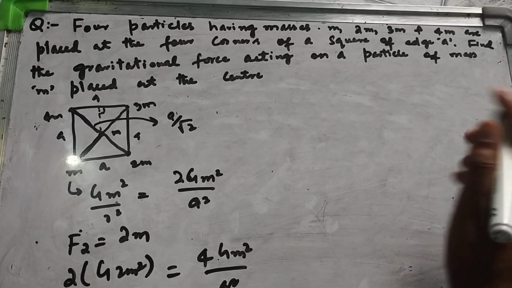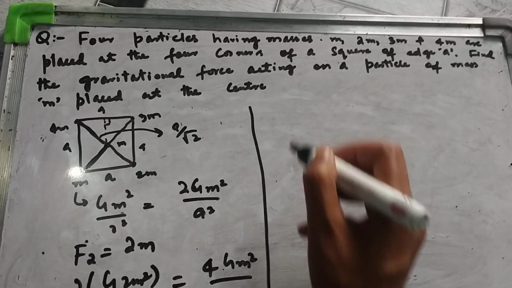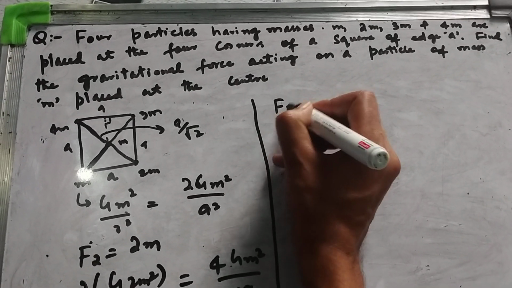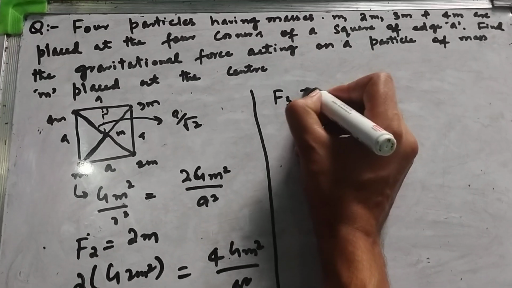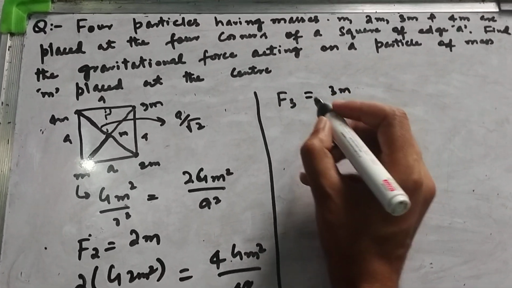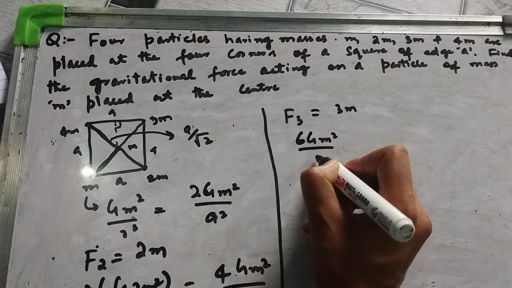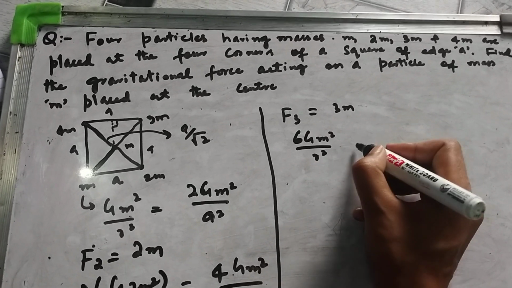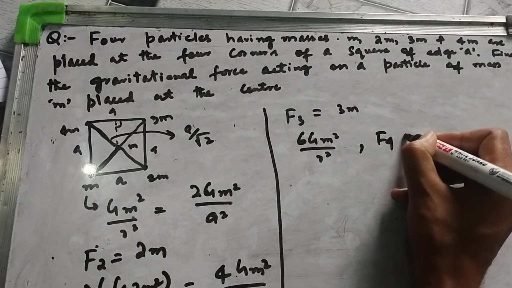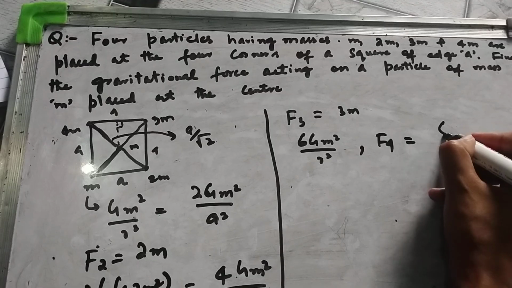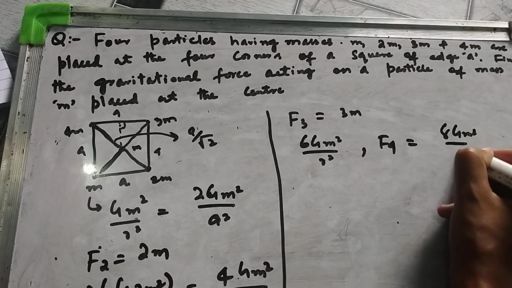Do you get it? So F3, the mass for force 3 will be 3M, from here 6GM square upon r square. So F4, which is equal to 8GM square upon a square.